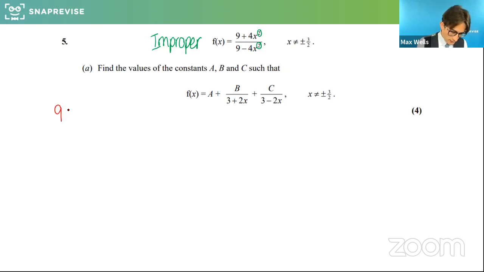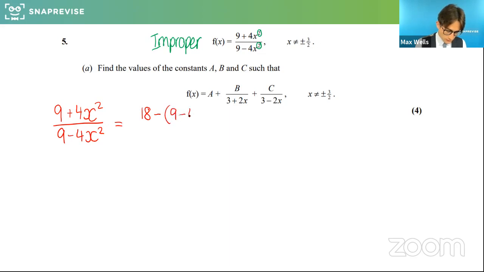We rewrite (9 + 4x²) over (9 - 4x²) as (18 - (9 - 4x²)) over (9 - 4x²).